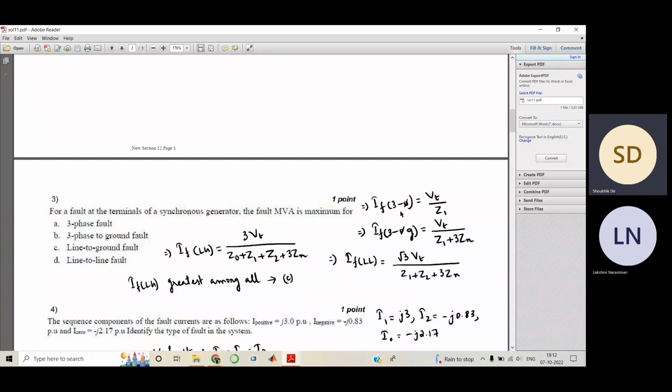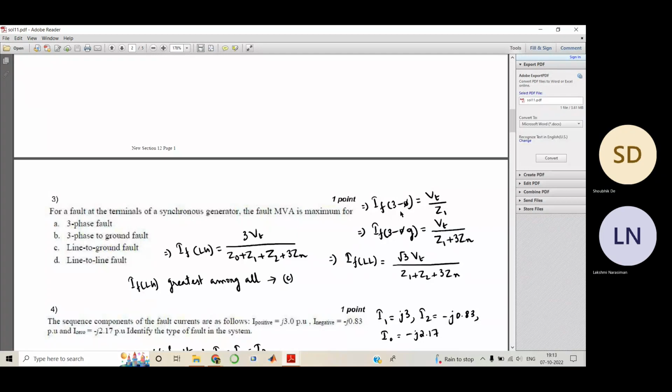This is the reason that is mainly given by the authors in various books. Let's consider this case alone, three-phase fault and LG fault. What happens if the fault is happening at a far distance? Because I'm also going to have the same 3VT value, right? Yes.